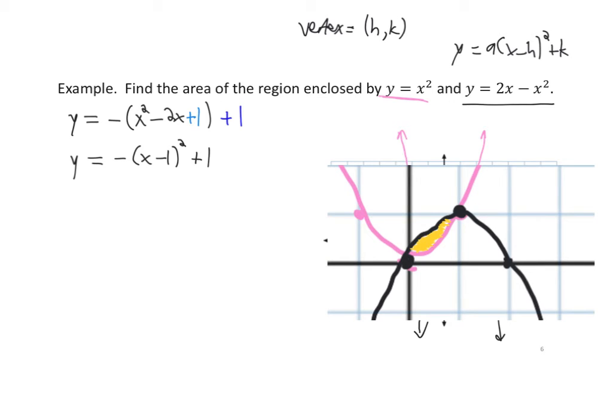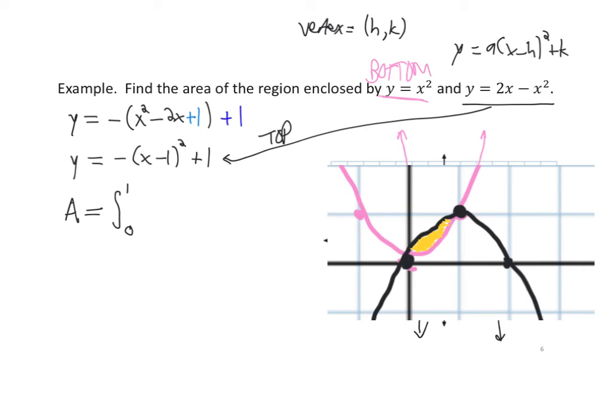So when we set up our integral, we're going to integrate from 0 to 1. And then we have to recognize this is the top function, and our bottom function is the x squared.